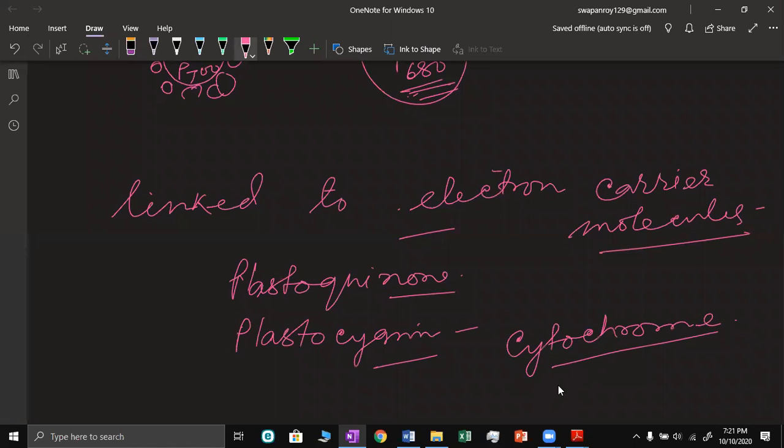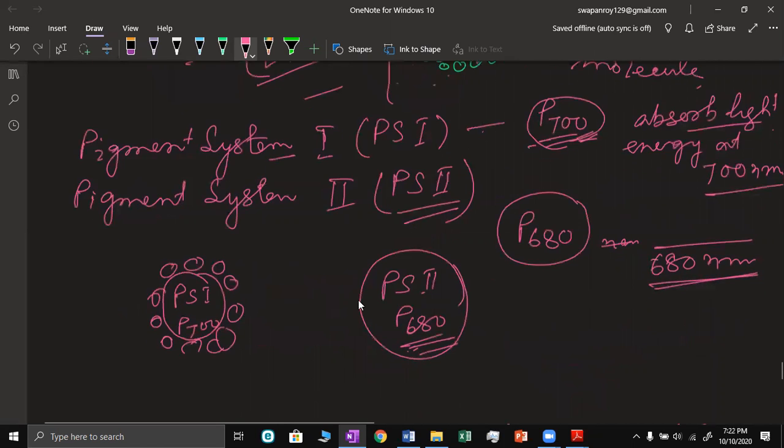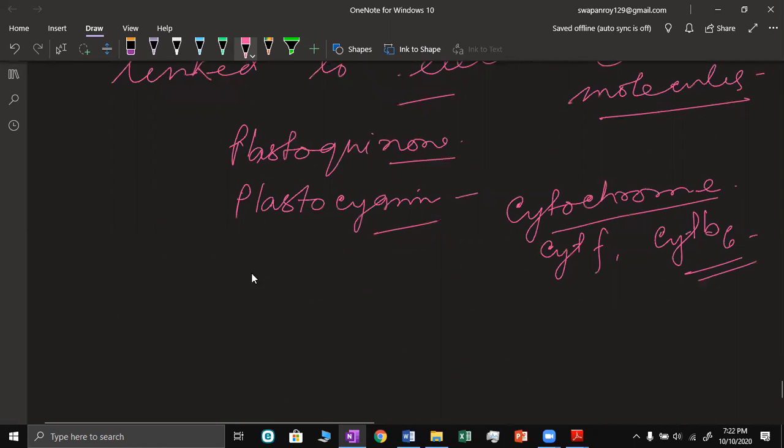Among the cytochromes, cytochrome F is there, cytochrome B6 is there. Okay, so they form an electron transport system with the pigment system and electron carriers.